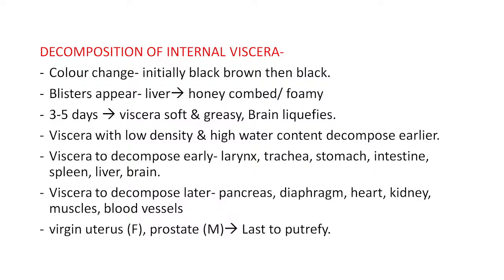These have high water content and low density, so they decompose faster. The viscera which decompose later have low water content and high density: pancreas, diaphragm, heart, kidney, muscles, blood tissues, blood vessels. All these will decompose later.